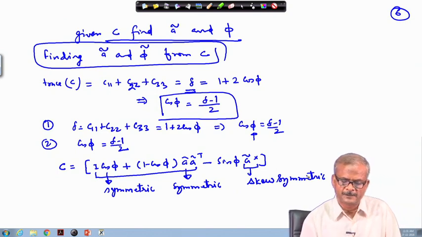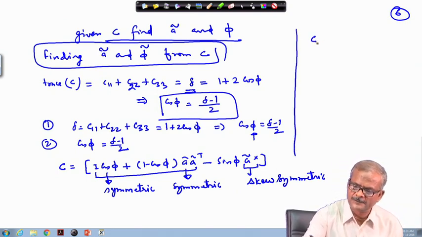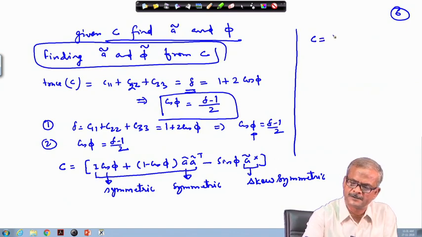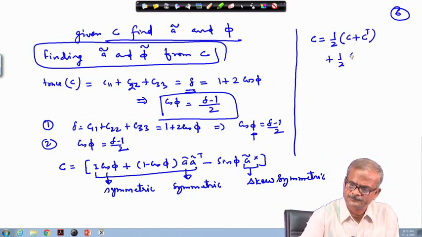This is a skew symmetric matrix, and you must be aware from your elementary matrix algebra that C can be written as 1 by 2 times C plus C transpose plus 1 by 2 times C minus C transpose.